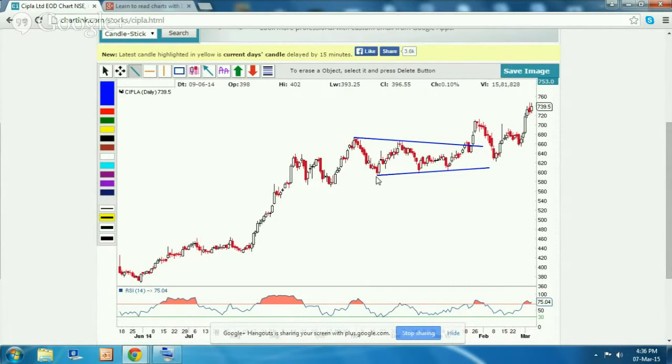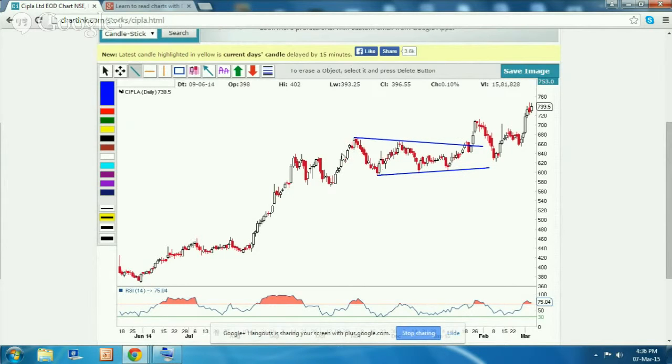I will call this a symmetrical triangle. A symmetrical triangle is also a continuation pattern. It is a temporary resting phase in the uptrend.